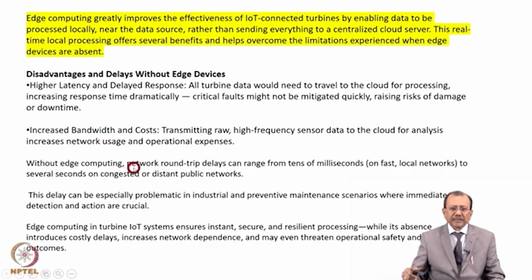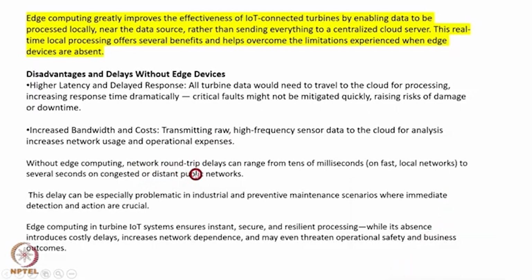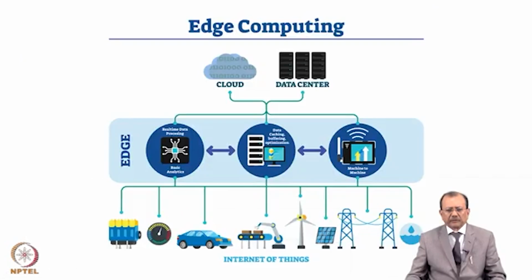And without edge computing, network round trip delays can range from tens of milliseconds. Once there is a delay, the purpose may be lost. You will not be able to do the work you are supposed to do, because it is meant to be on a real-time basis. Instead of real-time, there will be delay and slow response. The role of edge computing is very important in this whole setting of IoT and cloud.